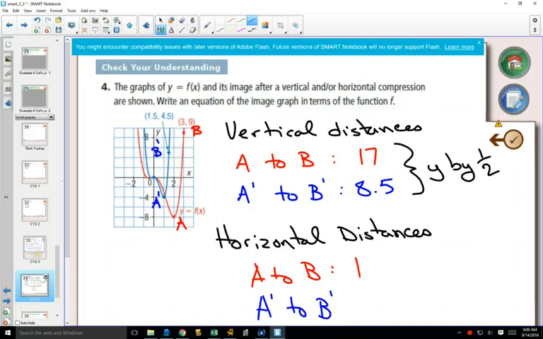And A prime to B prime, well, that goes from 1 to 1.5. That distance is a half. So what has x been multiplied by? It's been multiplied by 1/2 as well.